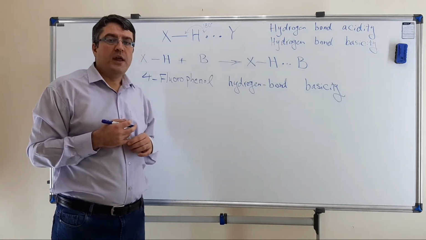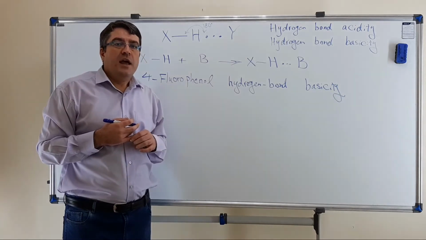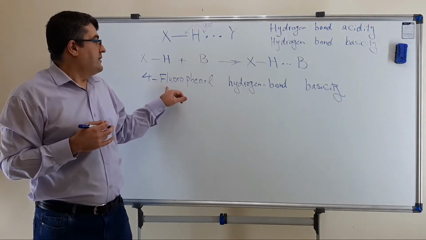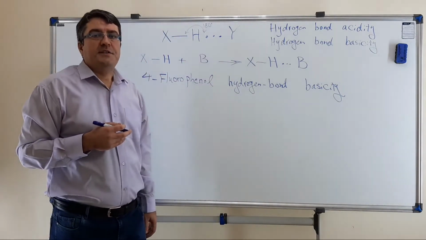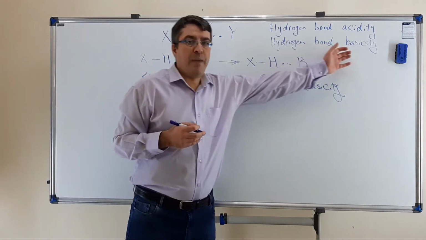Laurence, Berthelot, and co-workers have obtained and gathered about 1,000 values for this scale. So it is a comprehensive scale of hydrogen bond basicity.